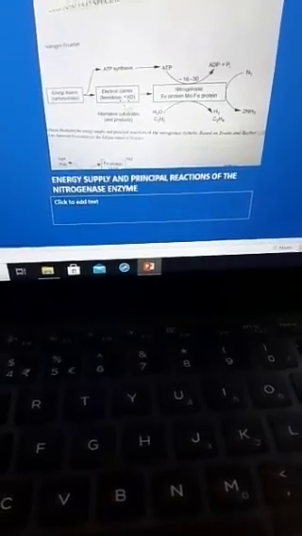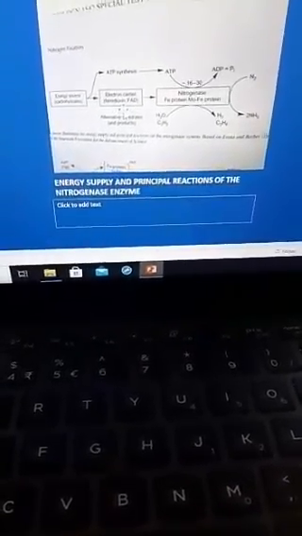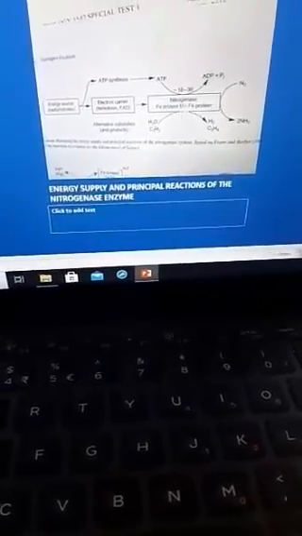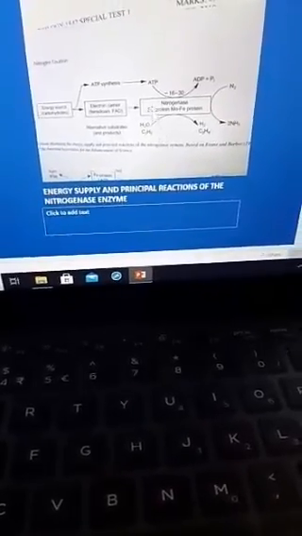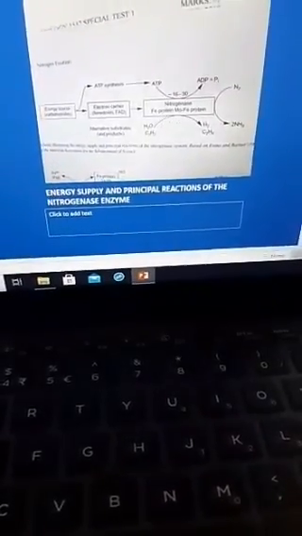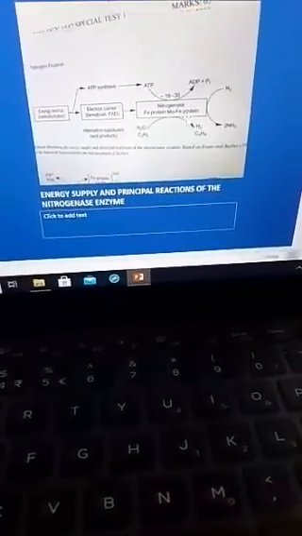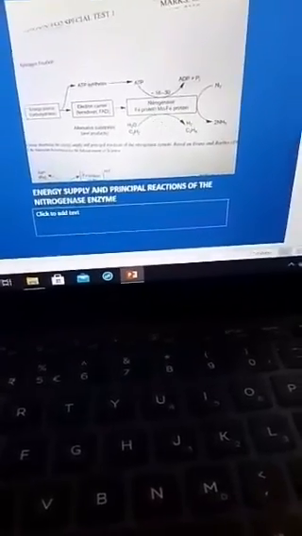You will need some electron carriers, normally ferredoxin or FAD. You will need the enzyme itself. The enzyme nitrogenase is comprised of 2 units. One unit is called the iron protein unit, and the other is called the molybdenum-iron protein unit. These 2 units are linked together, and collectively they form the nitrogenase enzyme.